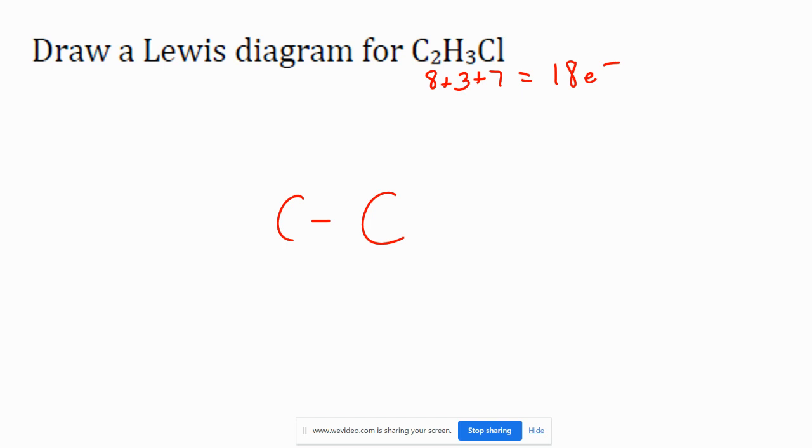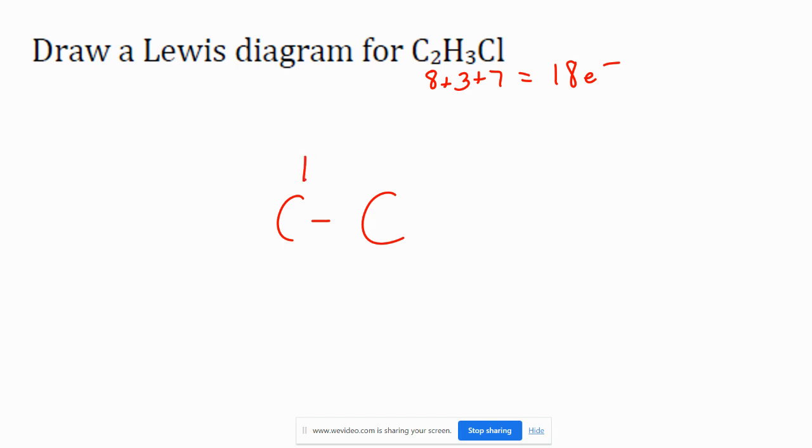All right. So we have our carbon here, and we are going to try to figure out how to get our hydrogens placed and our chlorines placed and everything. So I've got my carbons here. I'm going to put my hydrogens.